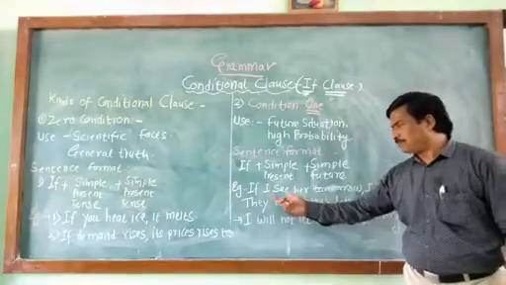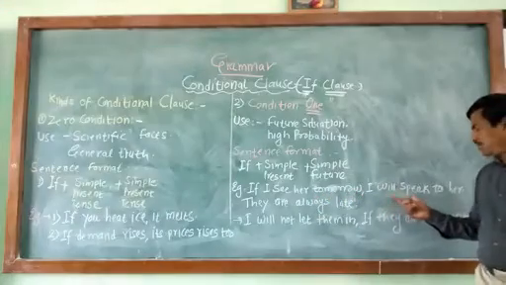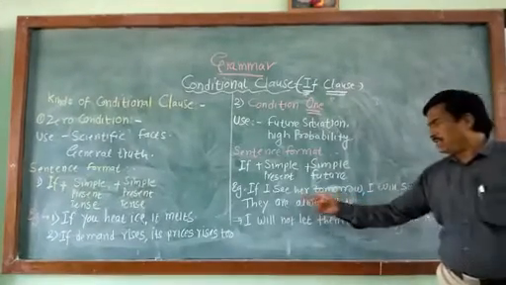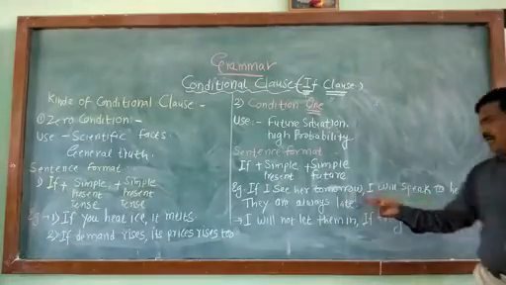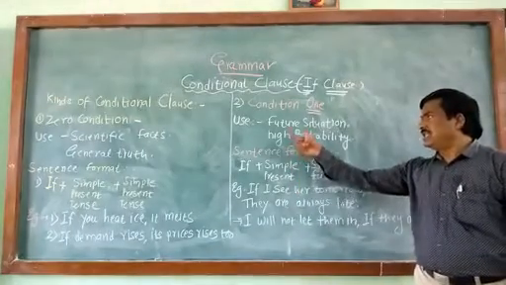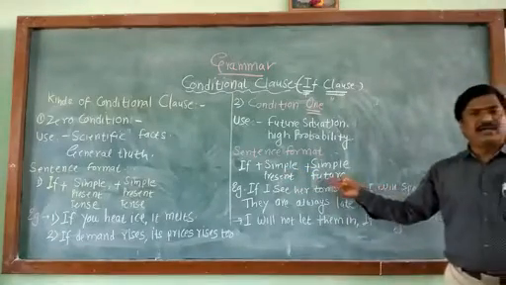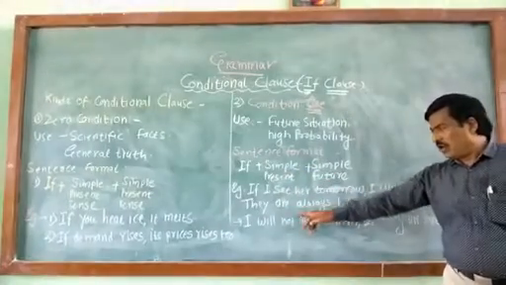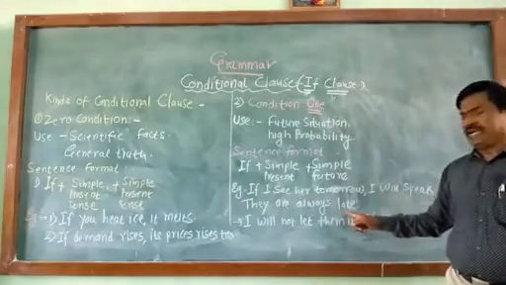See the example. If I see her tomorrow, comma, I will speak to her. In this sentence, the first clause is in the simple present tense and the second clause is in the simple future tense. Or we can take another example, that they are late.